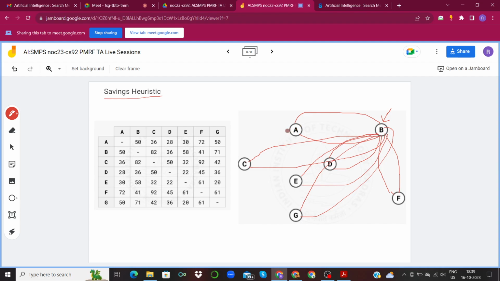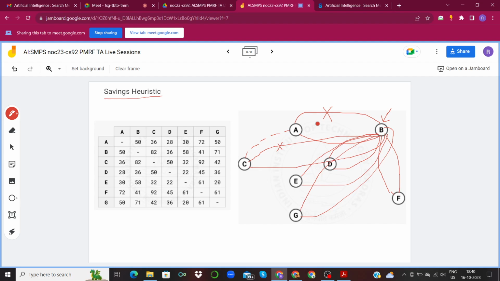You have to draw some edge between A and C, and when you do that, you have to remove two edges, one that connects A to B and one that connects C to B, right? So you're removing those two edges and replacing them by a connection between A and C, right? And the deciding factor behind how you choose which nodes to delete will be decided by your savings.